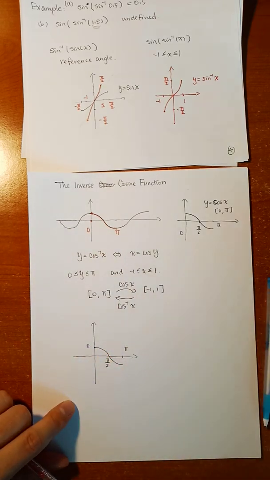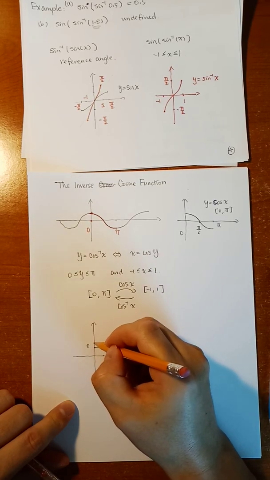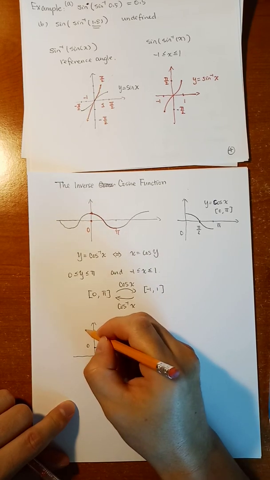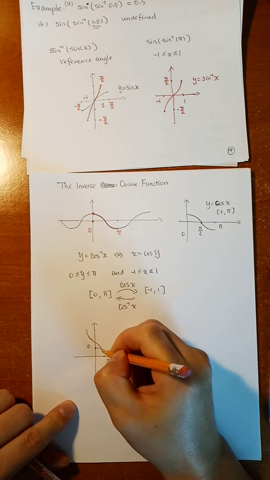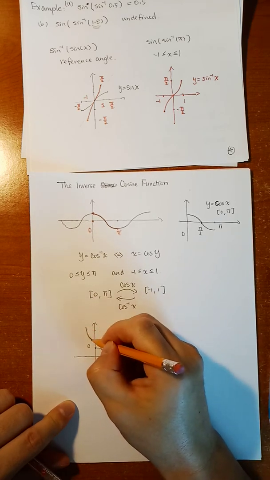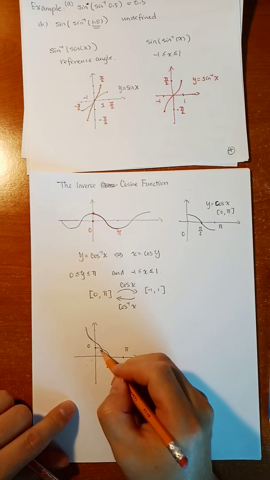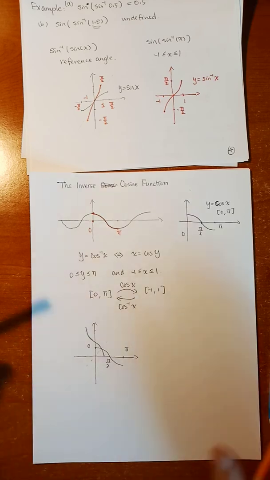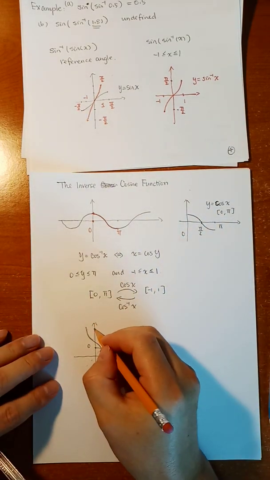Because of this, if we sketch the graph of cosine inverse, it will be like this. Remember, the graphs are symmetric about the line y equal to x. So you see here, it's like that.